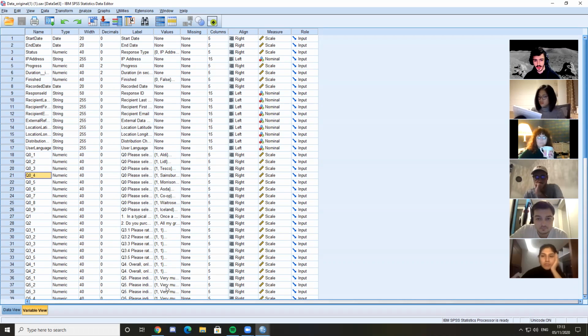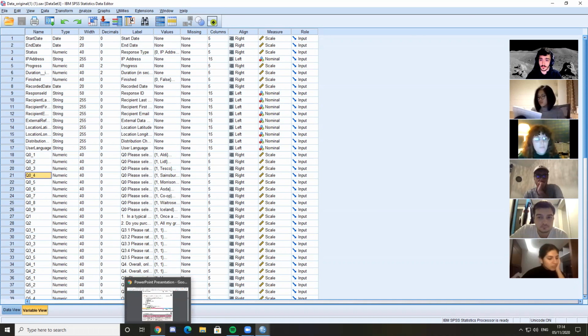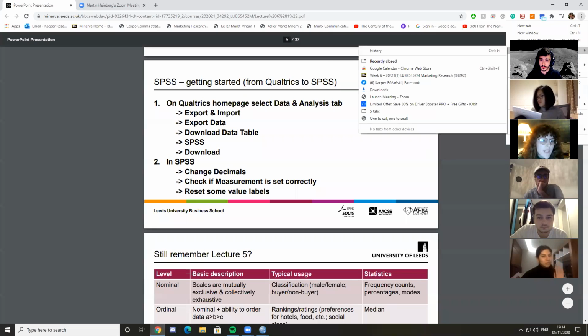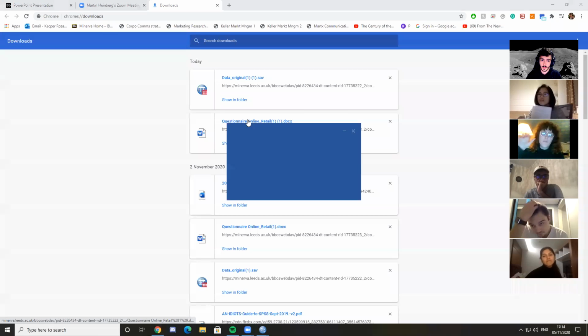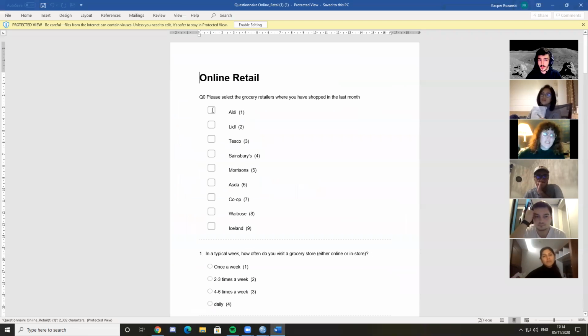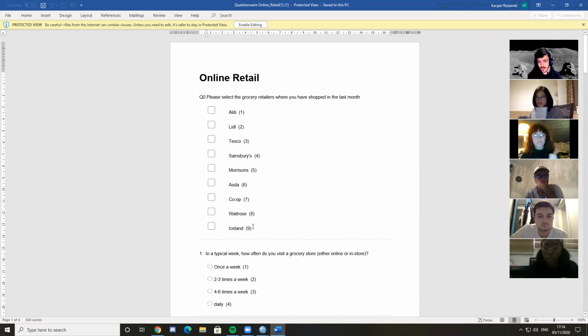Can I just jump in? Sorry. Does that mean, just to state the obvious, that the number that comes directly after Q matches the question it is in the questionnaire? Question 0, that's the answer. Q probably stands for question. So you're gonna have question 0, and they go with your 9 answers, which is Aldi, Lidl, Tesco, up to 9.